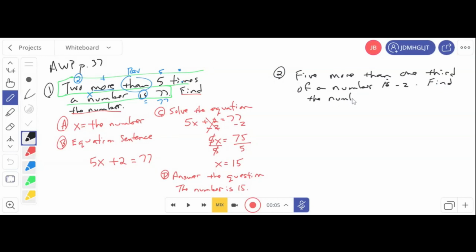Find the number. This one's going to be a little bit different as well.